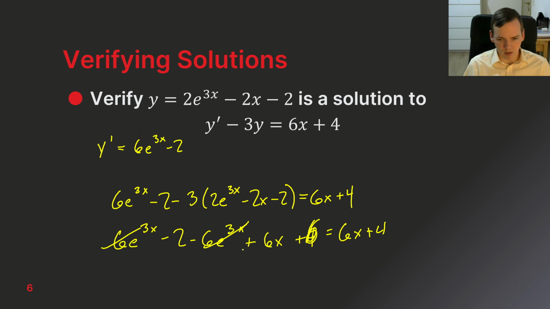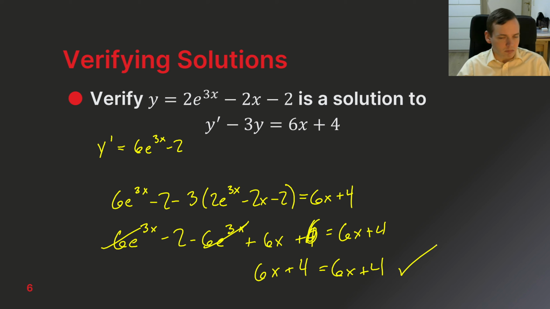These cancel, and we get 6x plus 4 equals 6x plus 4. Again, we see that we get a true statement, and you only need to go as far in these cases as getting to something that's obviously equal to each other to verify it.